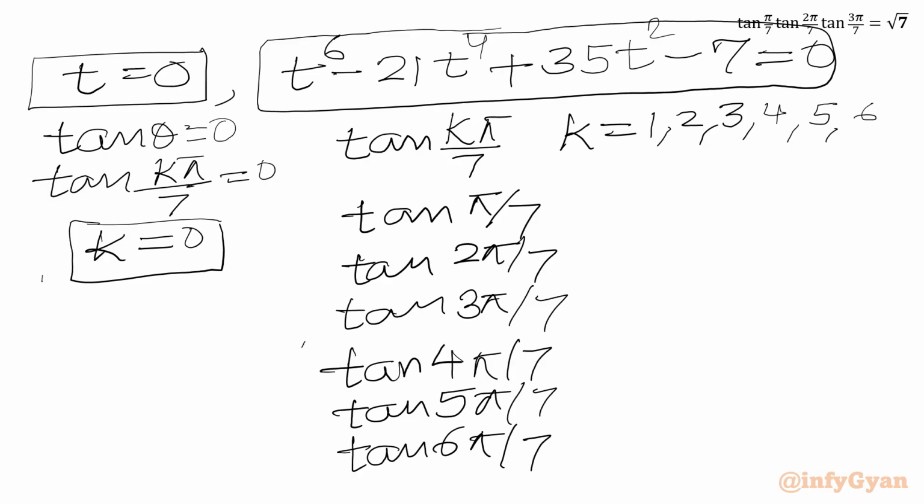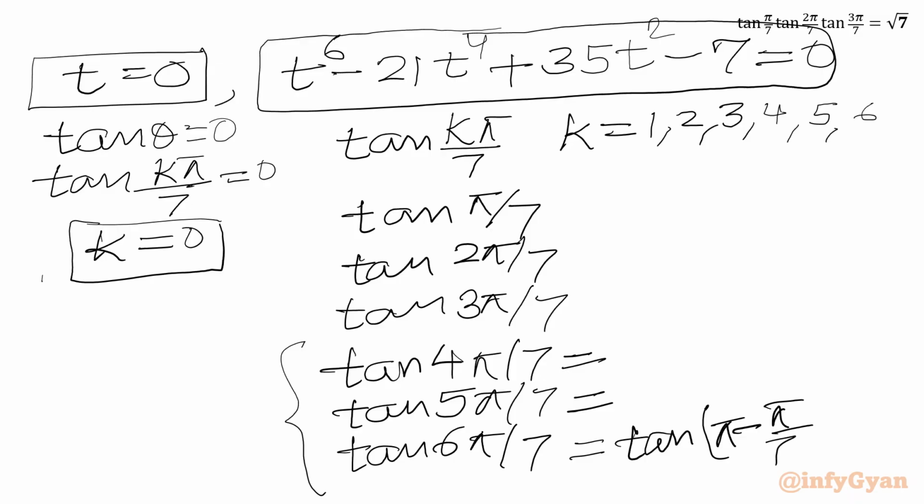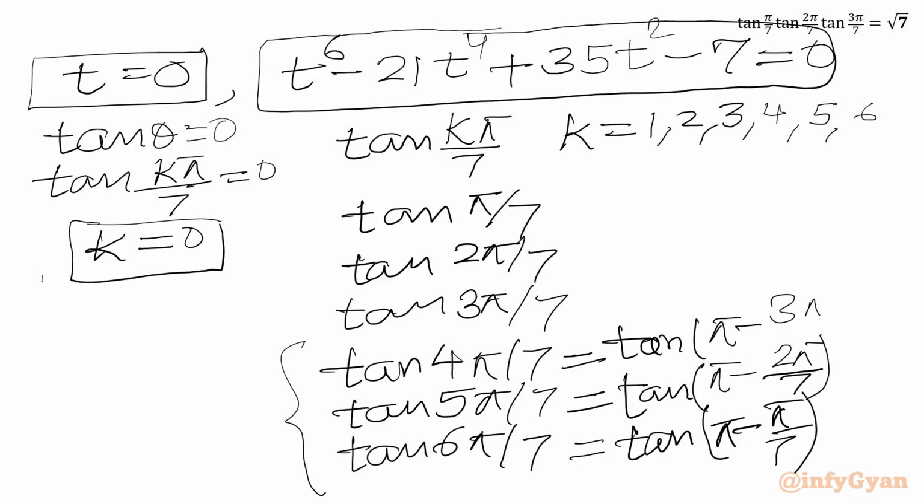Now we will consider the bottom three values. So tan 4 pi over 7, tan 5 pi over 7 and tan 6 pi over 7. We can write tan 6 pi over 7 as tan of pi minus pi over 7. Similarly, tan 5 pi over 7 is tan of pi minus 2 pi over 7. And for 4 pi over 7, we write tan of pi minus 3 pi over 7.